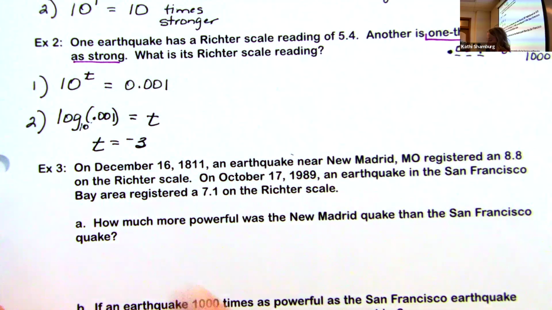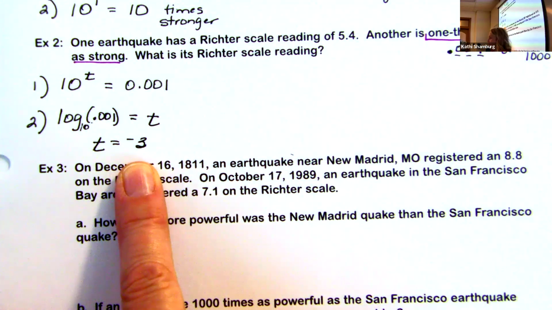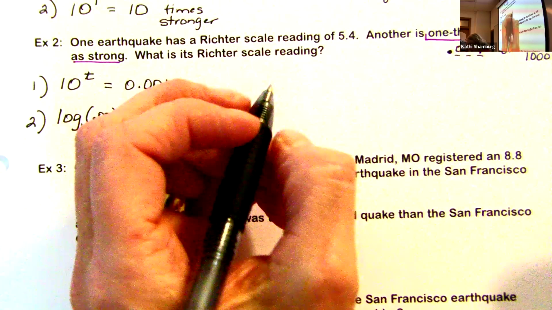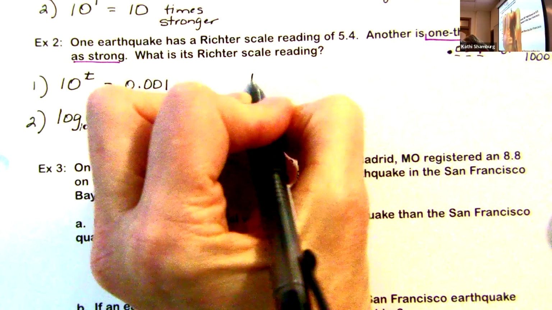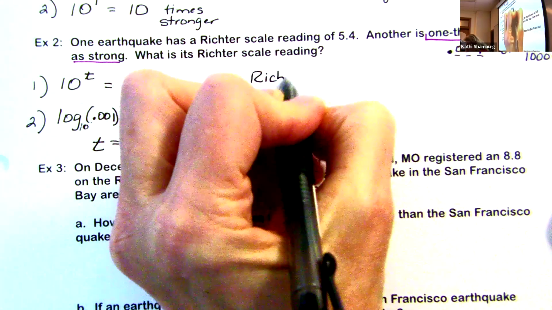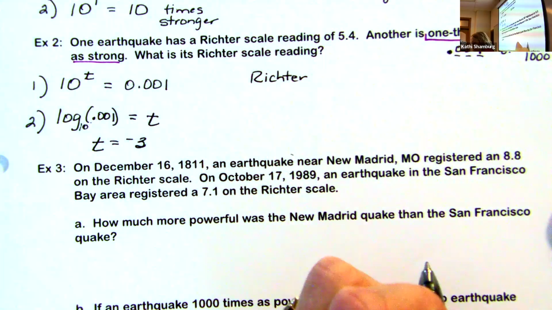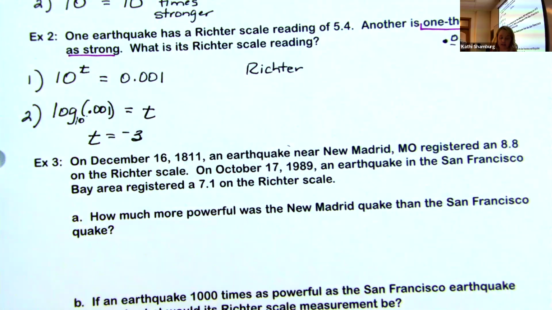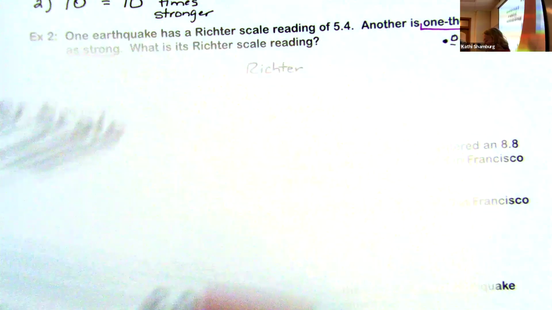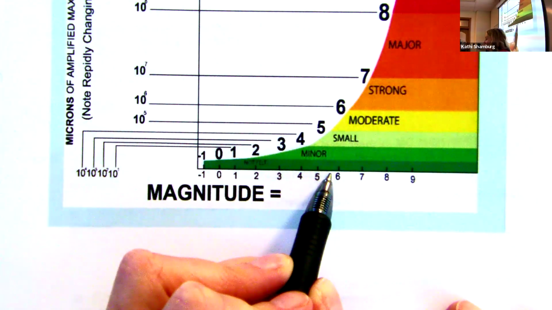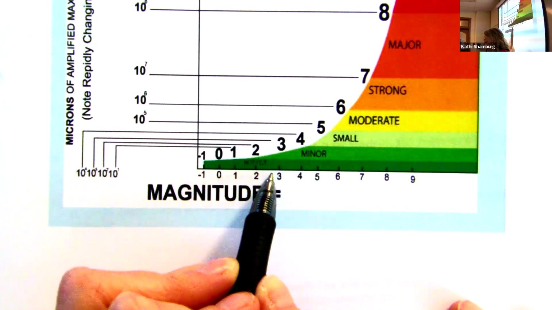All right, now this is not your Richter scale reading here. What we're going to do is find the Richter scale reading for that particular earthquake. So think about it, we're at 5.4 and it's telling us we're going to go -3: 1, 2, 3.